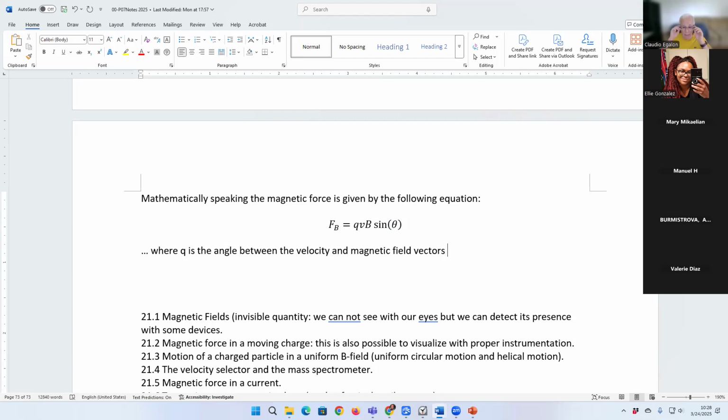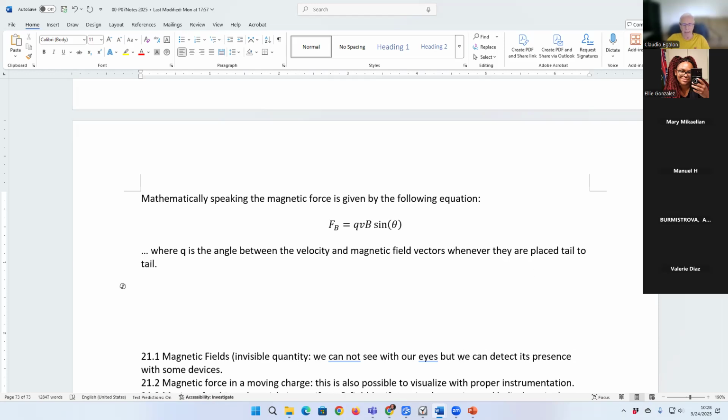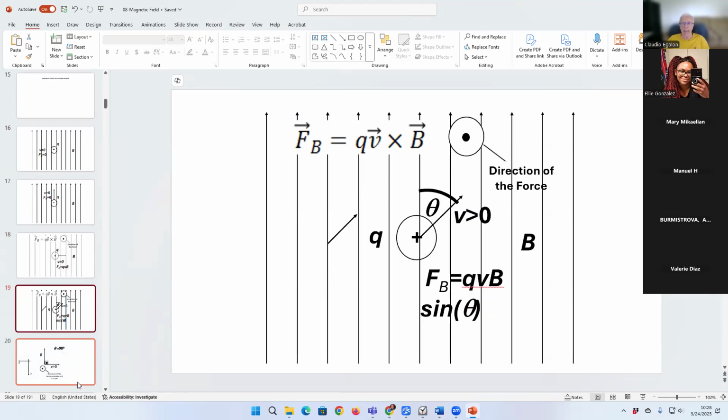Okay, and this angle is given whenever the two vectors are placed tail to tail. Okay, that's how you measure the angle between vectors. That would be the next slide. Okay, here you go.